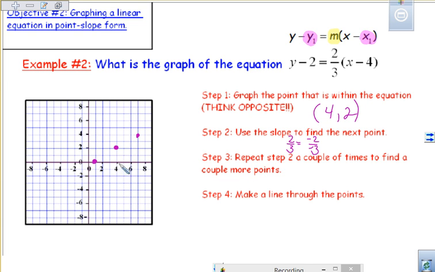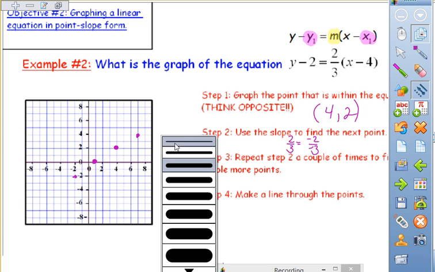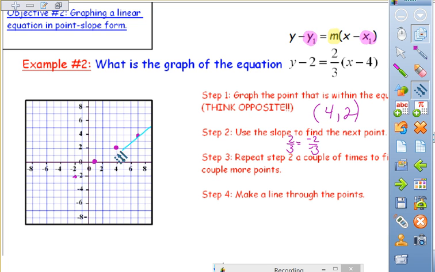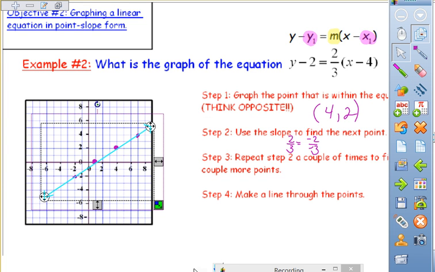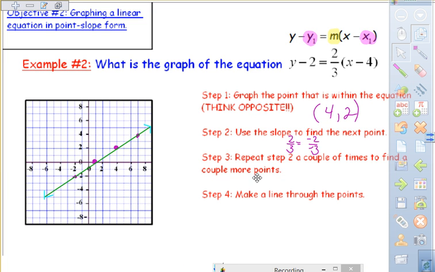Remember, you need a minimum of 3 points on your graph. And then go ahead and make a line and connect your dots. So this would be what the equation of the line would look like when we graph it.